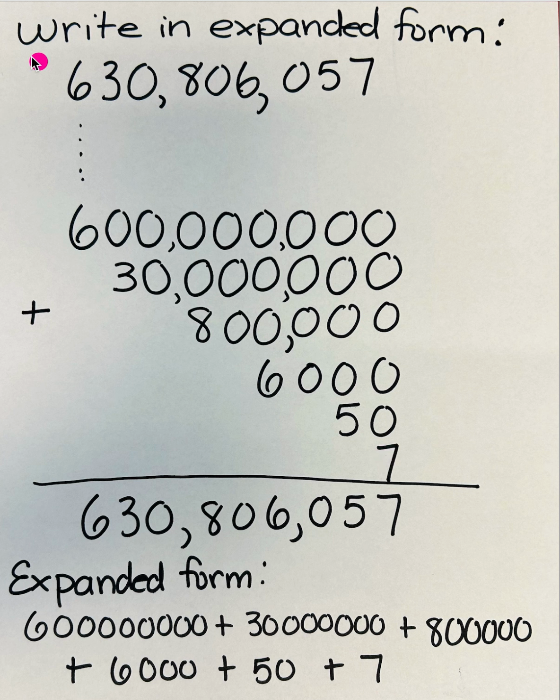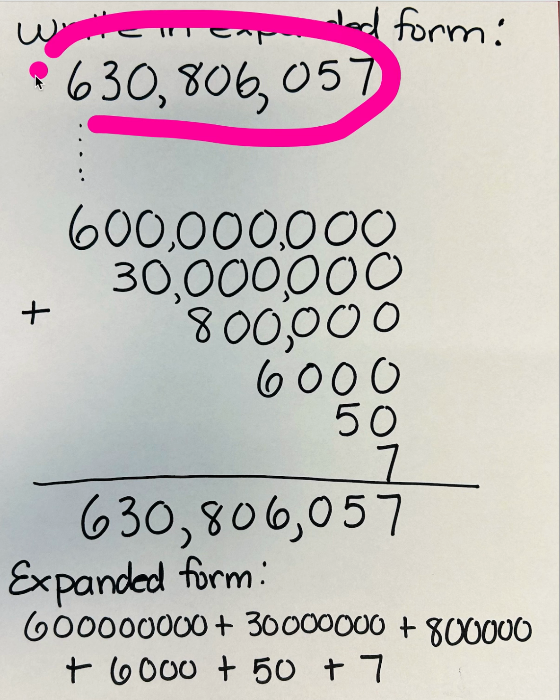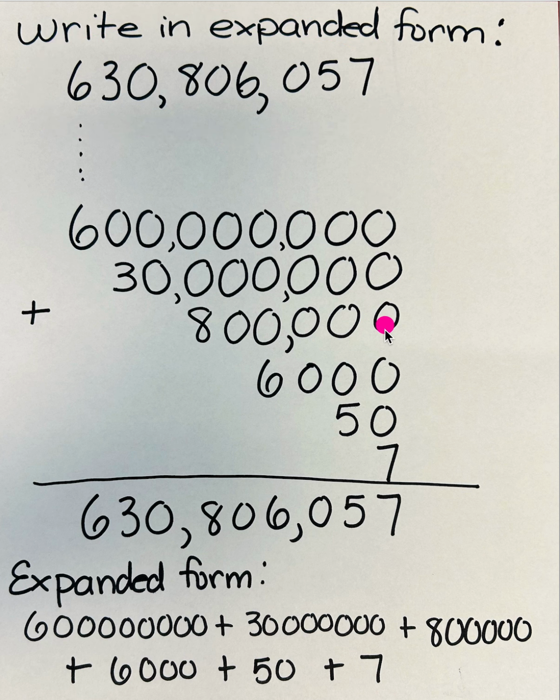Now, when we write this in expanded form, basically we're breaking it down into the sum of its parts based on place value. But to check it, when we add it all up, we should still get the same value. So when I add all of these up, I get 7. When I add all of these up, I get 5. When I add all of these up, I get 0.